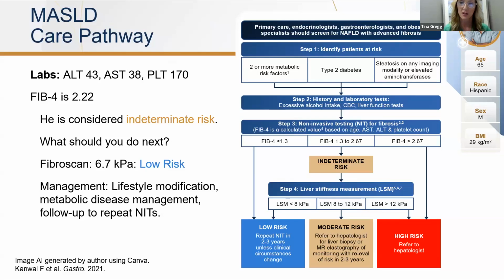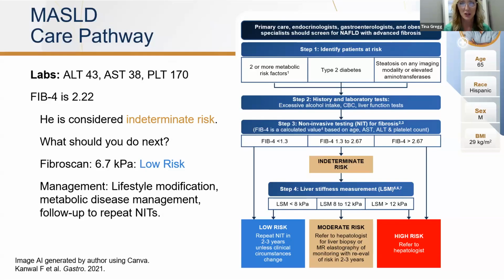Who's at risk for MASLD? Patients with 2 or more metabolic risk factors, type 2 diabetes, steatosis on any imaging modality, or elevated transaminases, so elevated liver enzymes. Patients can have any of these. They do not have to have all of these, right? Mr. Albert does happen to have all of these, but that's not necessary.